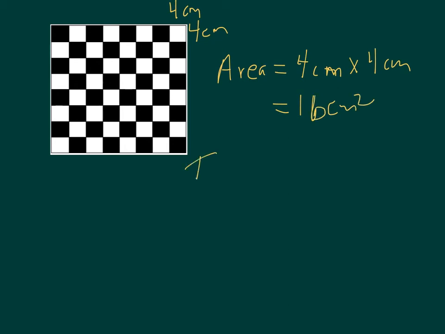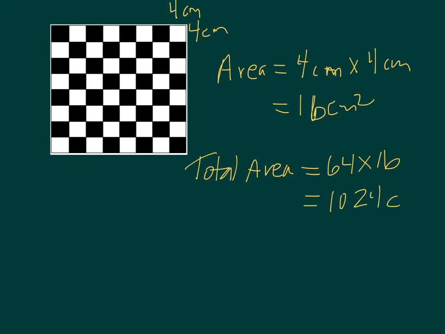So our total area equals 64 times 16, because we have 64 squares, each one is 16 square centimeters, and that gives us 1,024 square centimeters.